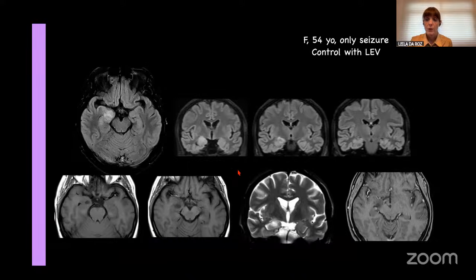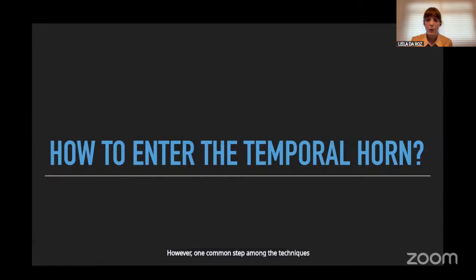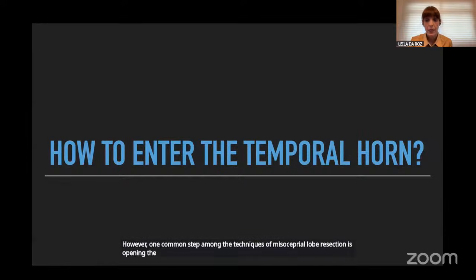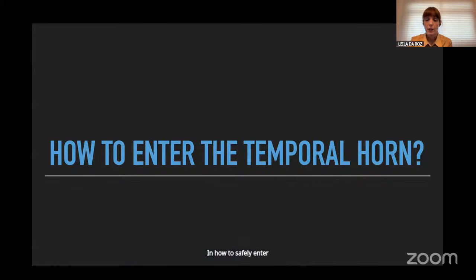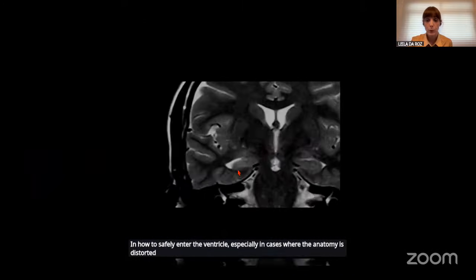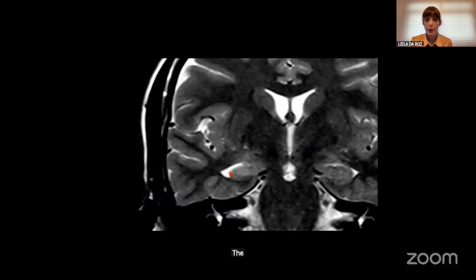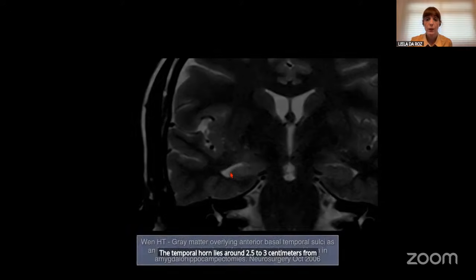However, one common step among the techniques of mesial temporal lobe resection is opening the temporal horn. And how to enter the temporal horn is a quick question: how to safely enter the ventricle, especially in cases where the anatomy is distorted or displaced by a tumor. The temporal horn lies around 2.5 to 3 centimeters from the temporal pole.